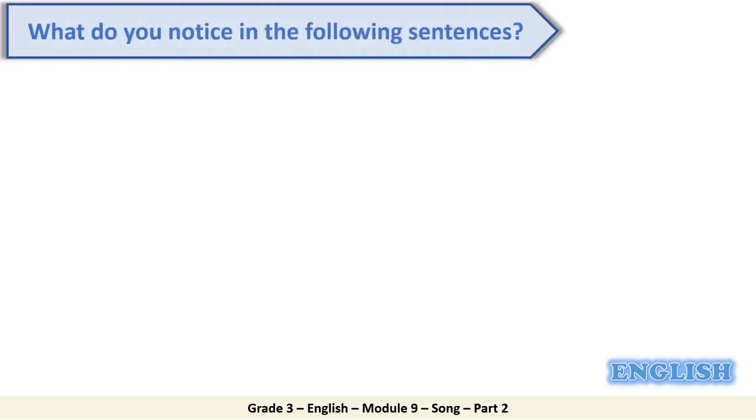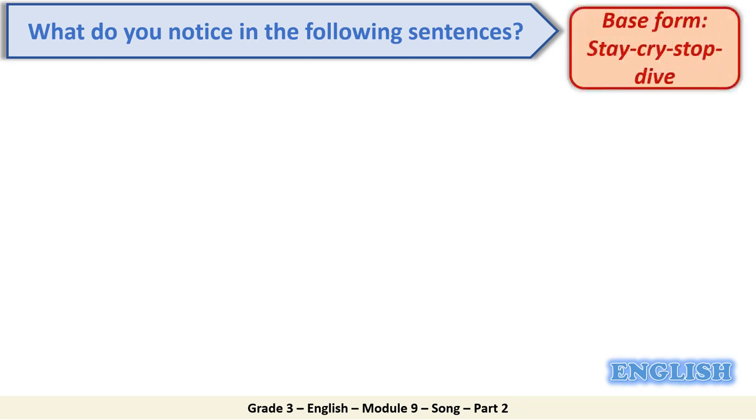Now, we will look at some sentences, and I want you to tell me, what can you notice? Our base forms of the verbs will be stay, cry, stop, and dive. Let's start with the verb stay.